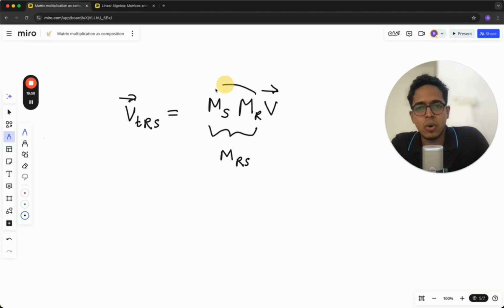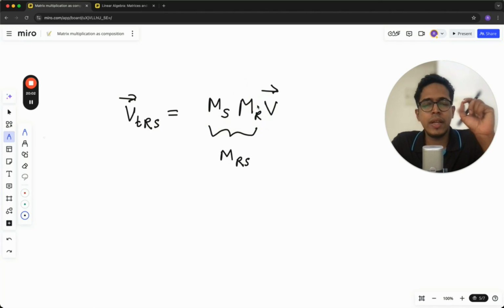So this whole thing is like a composite operation. It's a composite of two linear operations. The first linear operation is rotation, the second is shear. So instead of writing MSR, I'm writing MRS, because this matrix does a rotation transformation followed by a shear transformation. So is this true?